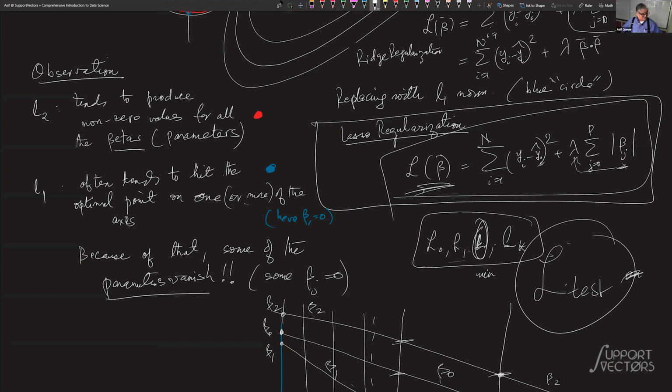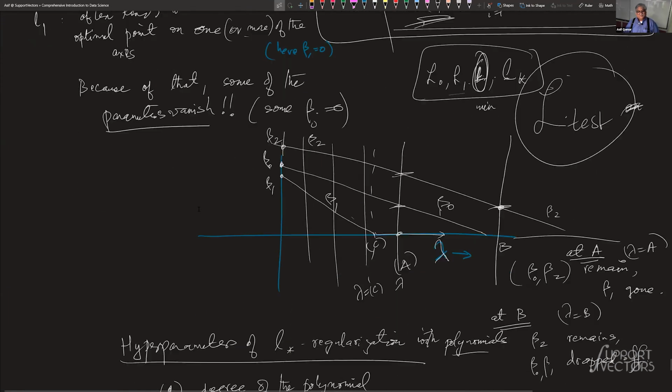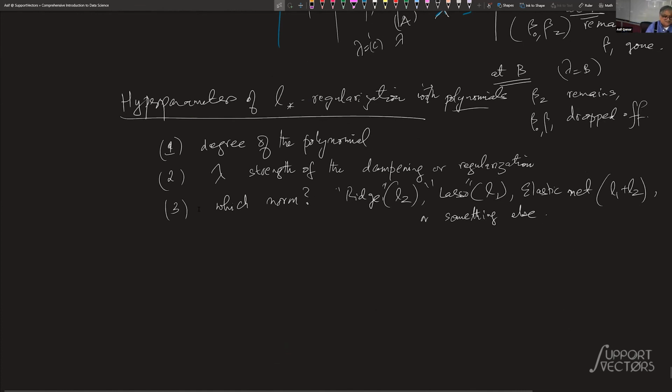Asif, go ahead. So if you scroll down, you have L1 plus L2 together. Can you explain a bit of the effect of that? The elastic net, for example, basically says, what if we took the loss function to be the sum squared error, the yi minus yi hat term.